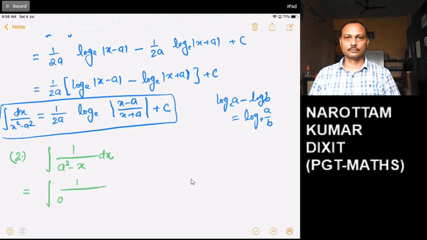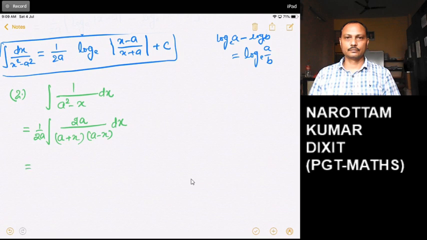So it is 1 upon a plus x and a minus x dx, multiplying by 2a and dividing by 2a. Now we can split the numerator in terms of a plus x and a minus x. So we can write here a plus x plus a minus x divided by a plus x and a minus x.